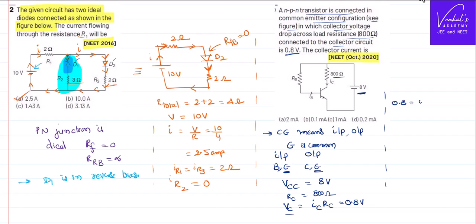I across the collector I have to find out. Resistance across the collector is given as 800 ohms. So I across the collector is 0.8 by 800.